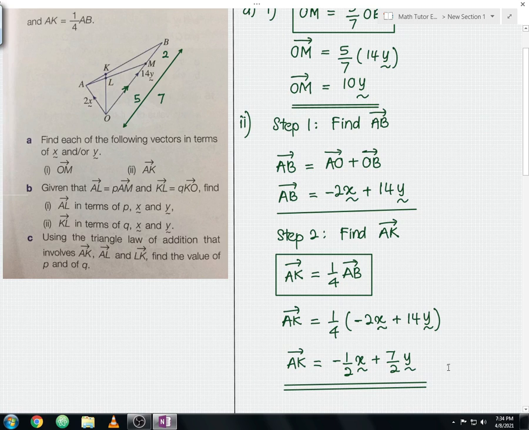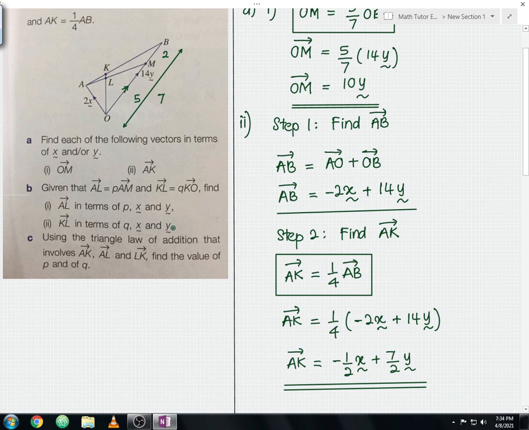Let us continue our discussion for the question part B, where we need to find the vector AL in terms of P, X and Y, and vector KL in terms of Q, X and Y. We will solve the part 1 and later on we will proceed to the part 2.